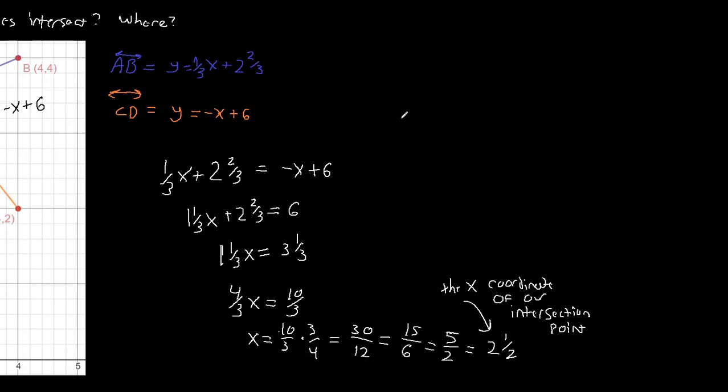To solve for y, we do y equals negative 2.5 plus 6. We can rearrange this equation because adding a negative number is the same as subtracting, so y is equal to 6 minus 2.5. Hopefully I didn't confuse you in doing that.